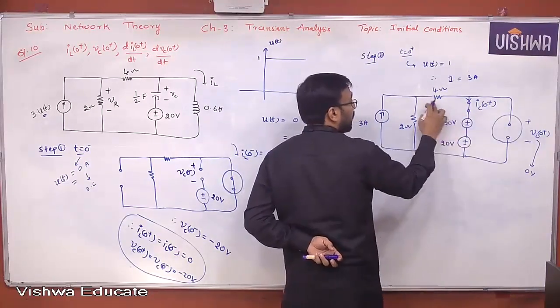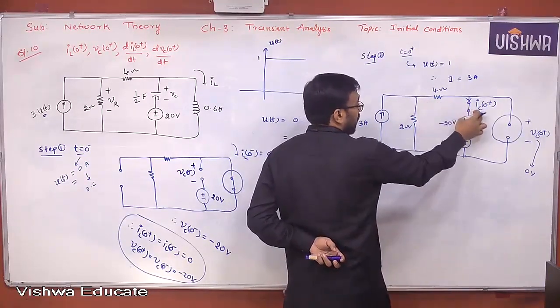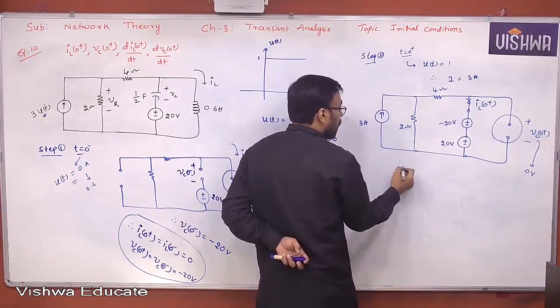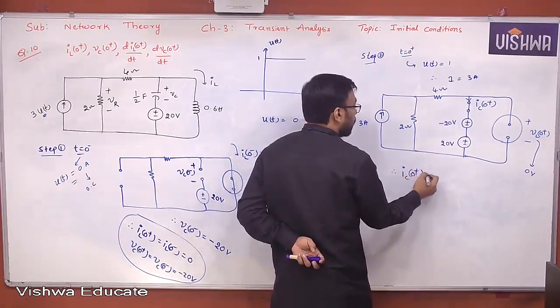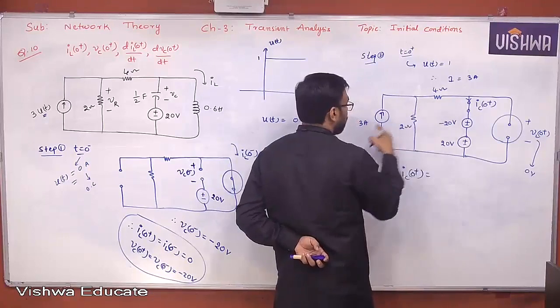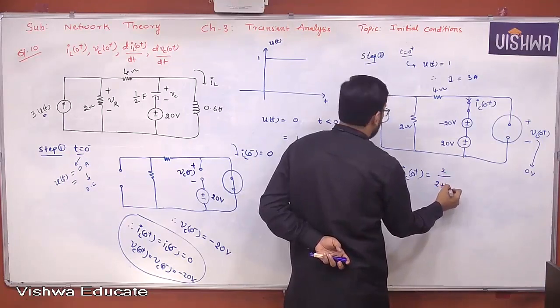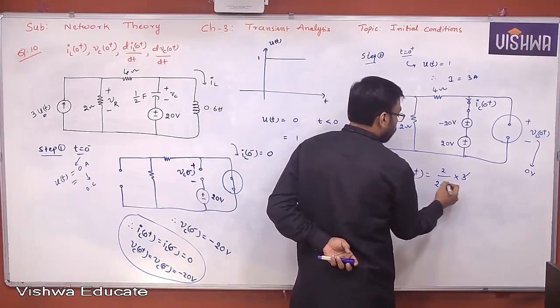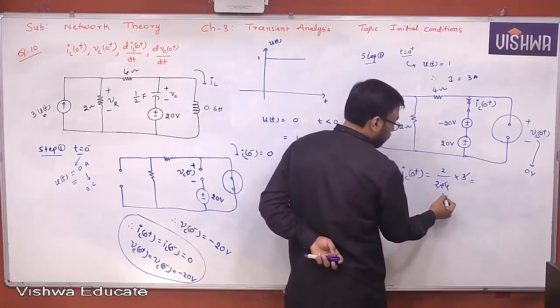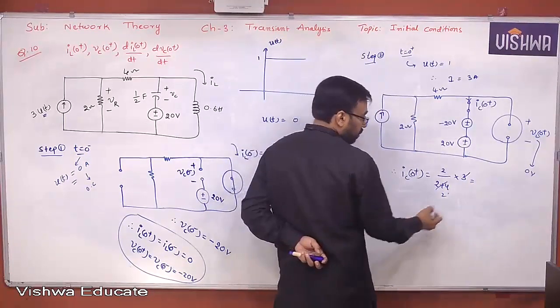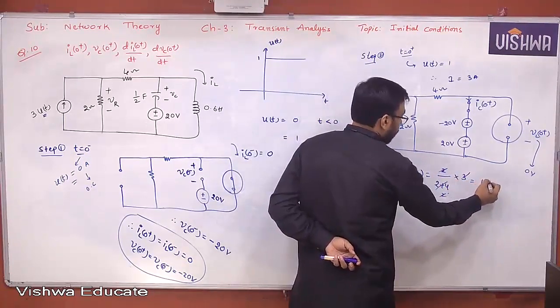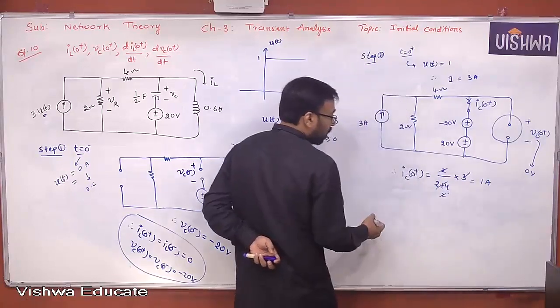Since it is open, the entire current passes through the 4 ohm, nothing but IC of 0 plus. Therefore, IC of 0 plus can be taken as, because these two are now in parallel, the current will be divided, 2 by 2 plus 4 into 3. Finally you got 1 ampere.